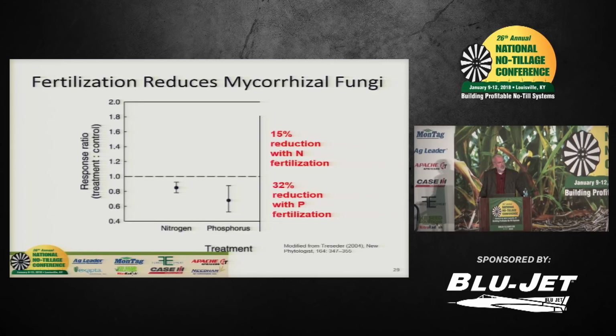Why is that? Well, because it's costing the plant something to form these associations. And the plant would rather, if we could speak of plants rathering, get those nutrients through the roots directly without having to give up some of its carbon, some of its energy that it's worked hard for through photosynthesis that it wants to use for growth and development to the fungus.